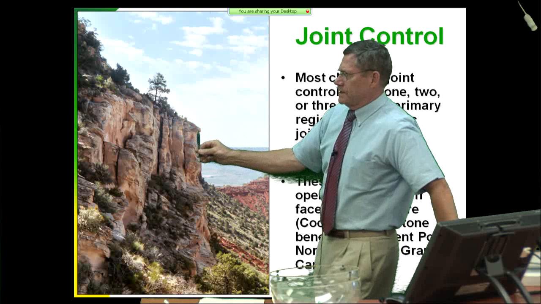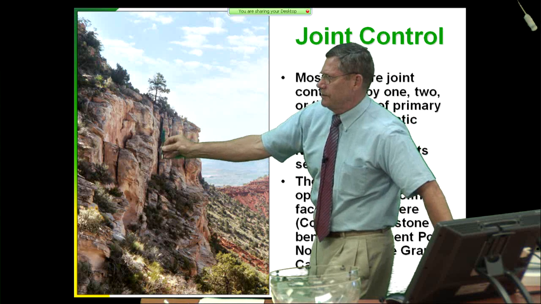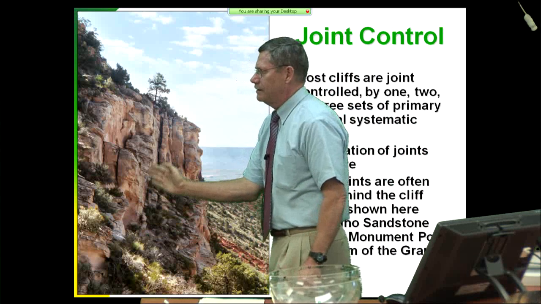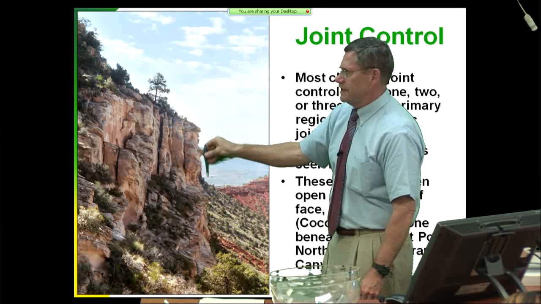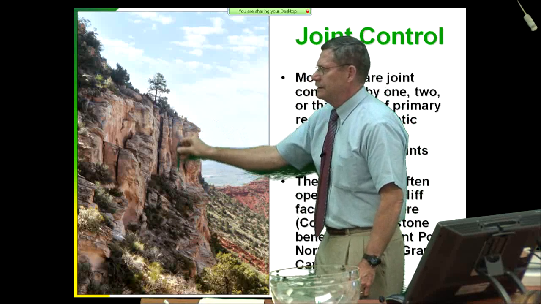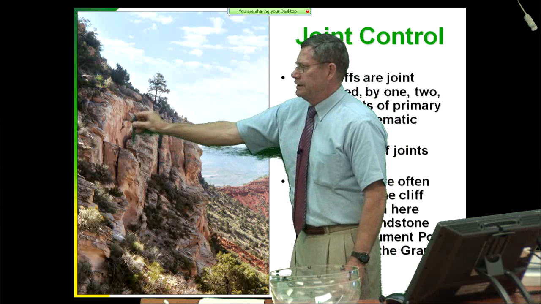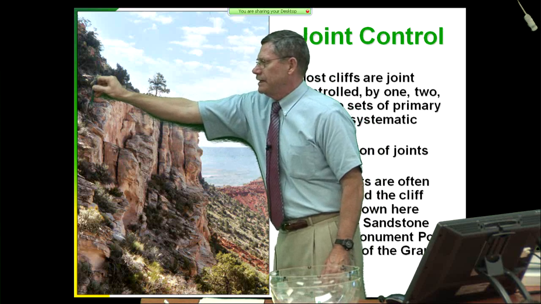But what I noticed was that all cliffs seem to be controlled by joints. This cliff you're looking at right here, you're looking right up the strike of this thing, and you can actually see here, there's joint set 1, which continues right here, 2, 3, is all the same joint set, 4, 5, and there's actually a 6th one right there and a 7th one right here.